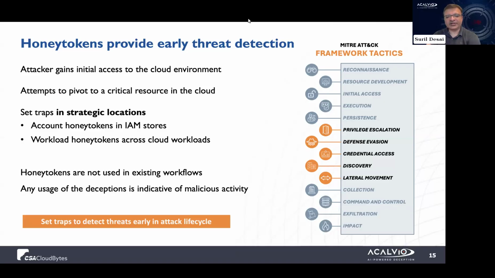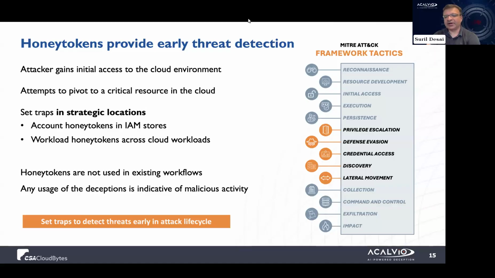The honey tokens are not used in existing workflows. Any usage of the honey tokens or the deceptions is an immediate indicator of malicious activity. If you look at it from a MITRE ATT&CK framework perspective, the attacker has several tactics that are employed as part of the early stages of the offensive actions.